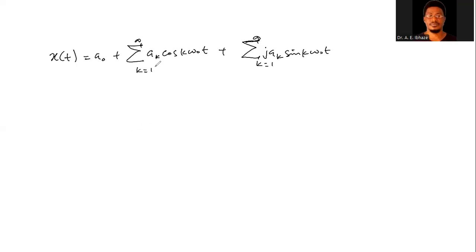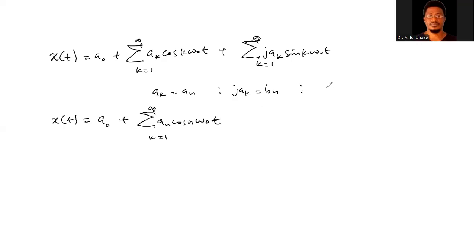Right? So now let's take my real component a sub k to be the same as a sub n, and my imaginary component j a sub k to be the same as b sub n. Substituting, this is a naught plus sigma, values from 1 to infinity, a sub n cos n omega naught t, such that k is the same as n, literally.